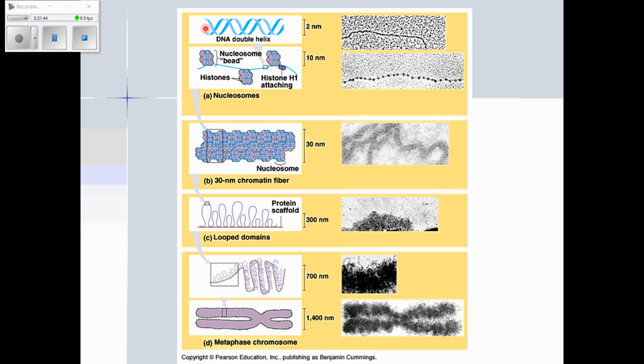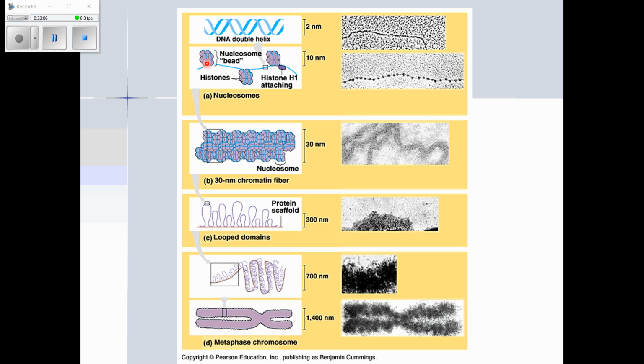How's that possible? Because the DNA doesn't stay straight like this. The DNA is wrapped again and again and again around these tiny little round proteins called histones. They're like little spools, and the DNA is like the thread that's wrapped around the spools.